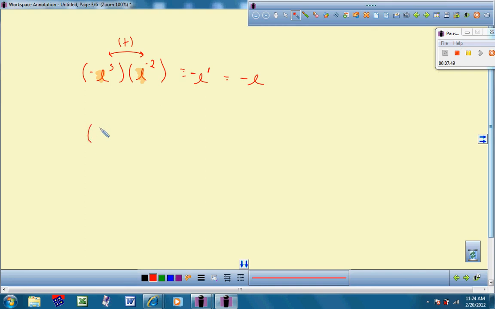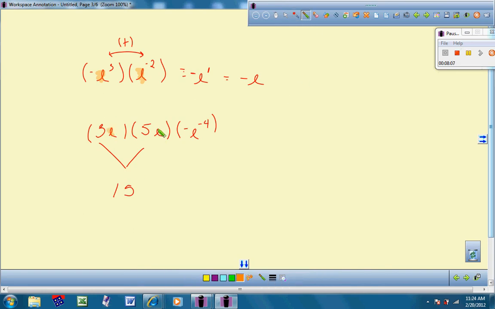And let's try another one. Let's do 3e times 5e times a negative e to the negative 4. First thing we're going to do is take care of this 3 times 5, and that's going to give us 15. Now we can look at all the other terms here. You can see that my bases are all e's, and the exponents of two of them are 1. When our bases are the same, that means we have to add all of these exponents.